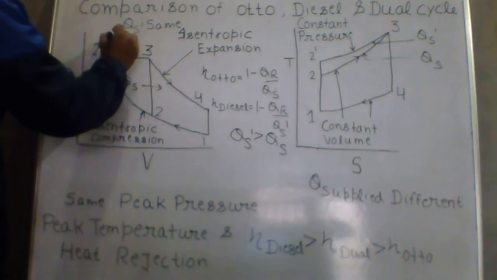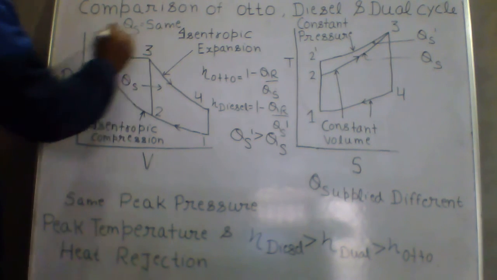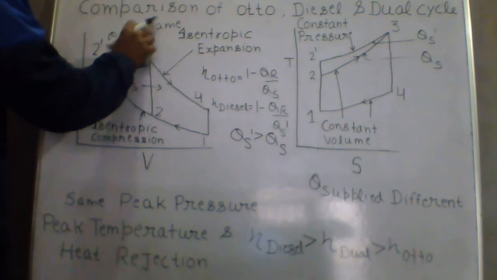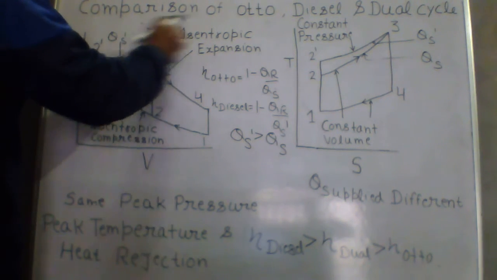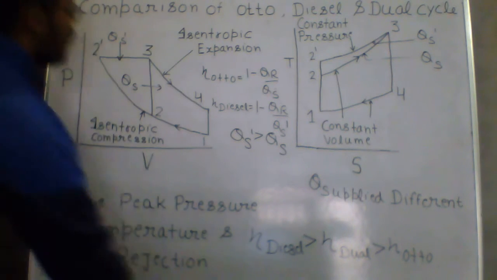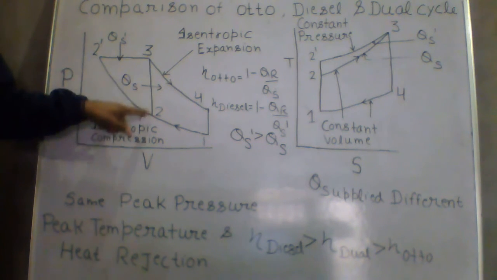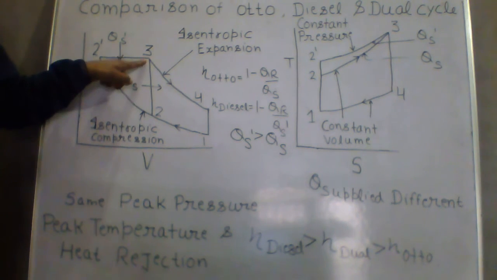This is your heat addition, from 2 to 3. So 3 is the maximum pressure achieved in the Otto cycle.